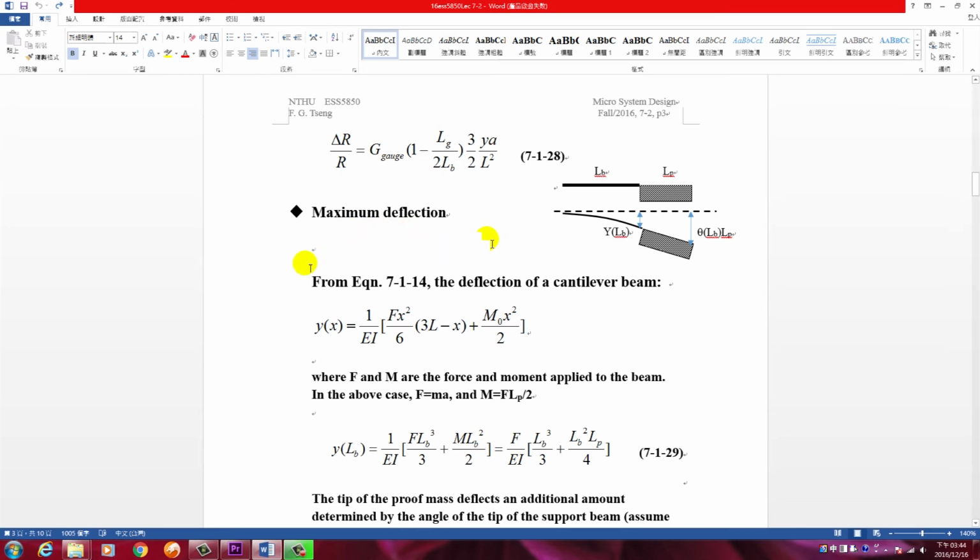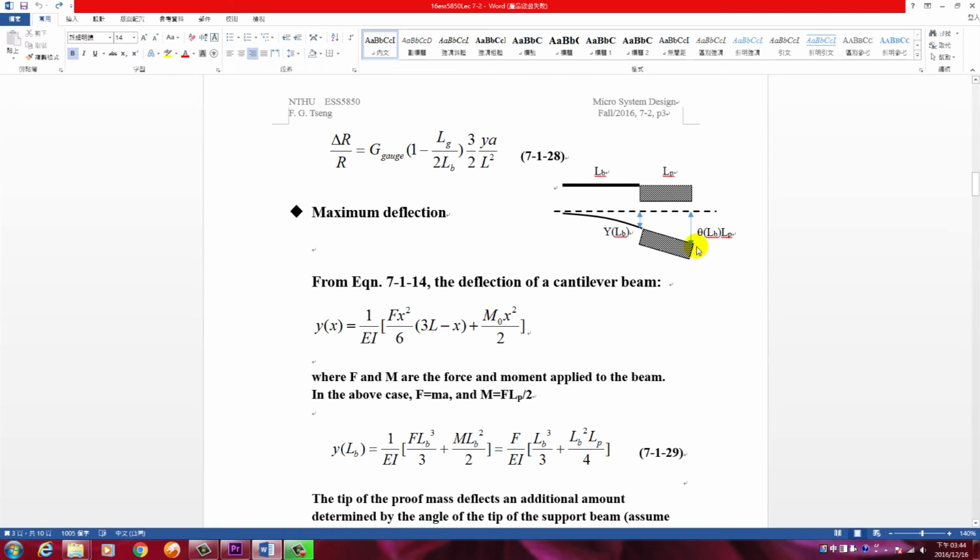Okay? So when we have this kind of deflection of the beam, there will be a distance between the original position and the tip of the beam. And along this direction, the proof mass extends from this angle to the distance here.